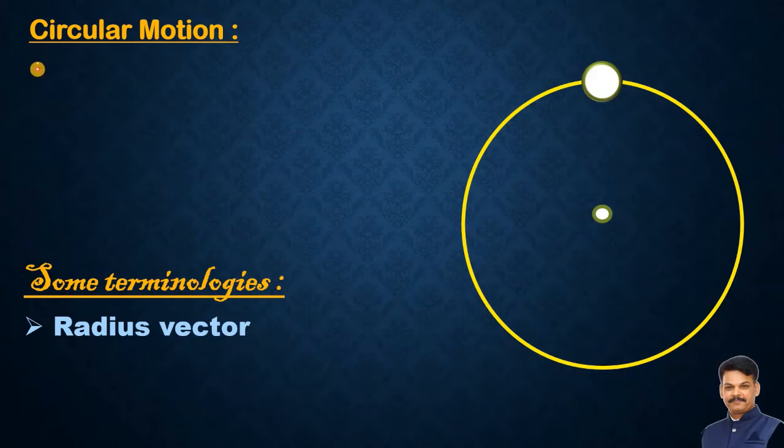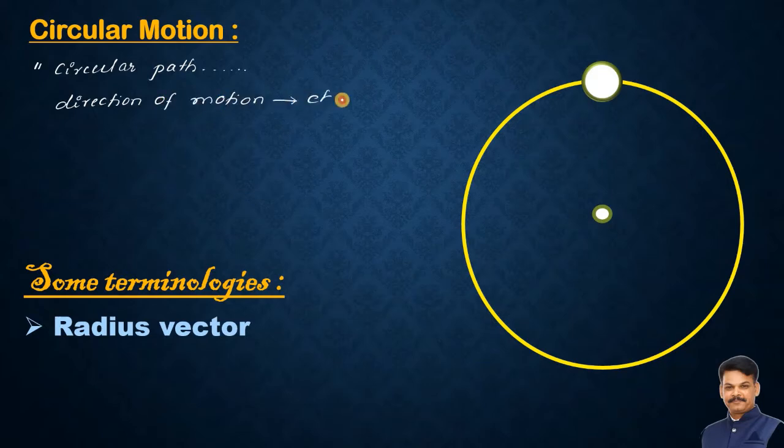When the object is moving in the circular path, observe that the direction of motion of the object will be continuously changing. Okay, that is a very important point to be noted regarding the circular motion.